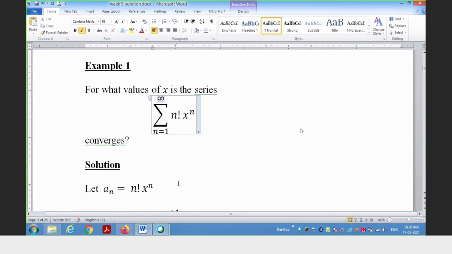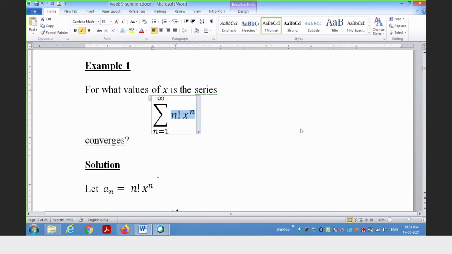So what is the ratio test? First of all, you need to identify what is a_n, the nth term. What's inside the summation is a_n. So a_n is equal to n factorial times x to the power of n.